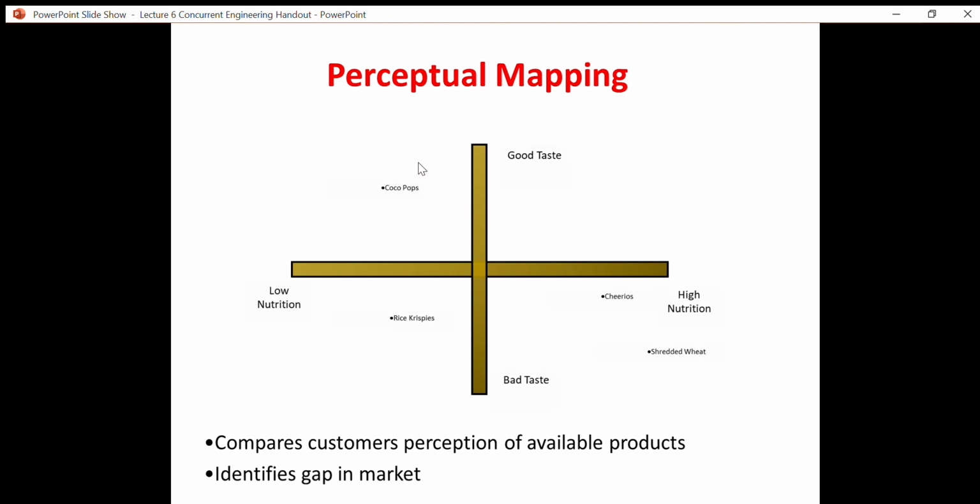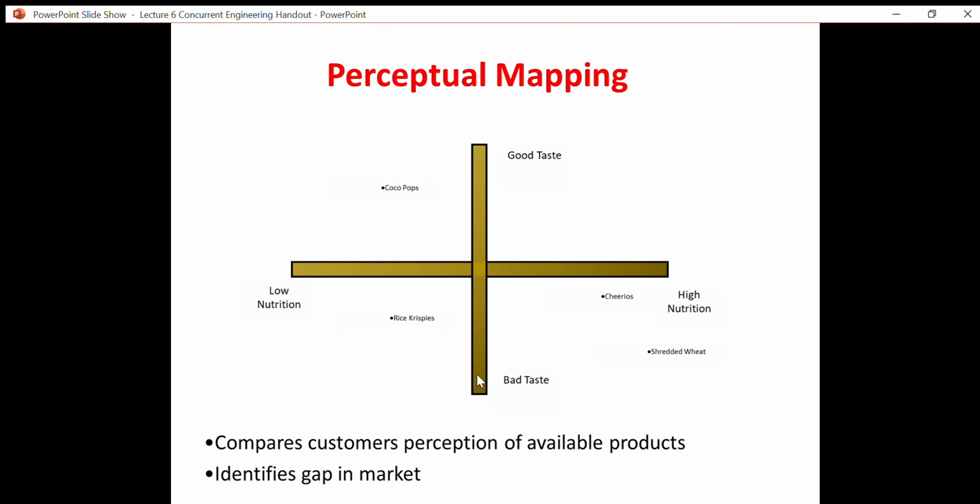For example, Cocoa Pops has low nutrition, but somehow they have a good taste. And then we put Rice Krispies here, low nutrition and bad taste. Some products have higher nutrition but with bad taste. So this is the perceptual mapping.